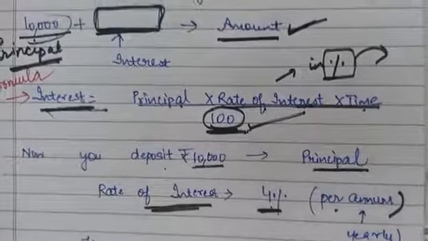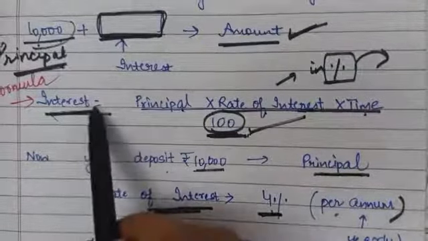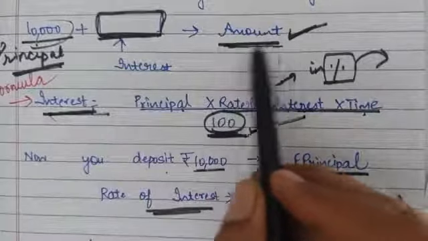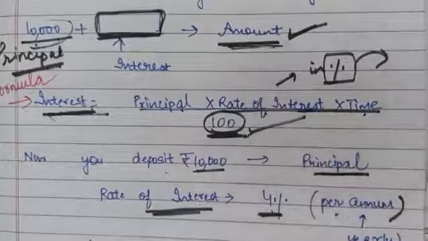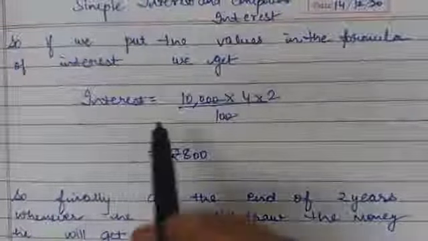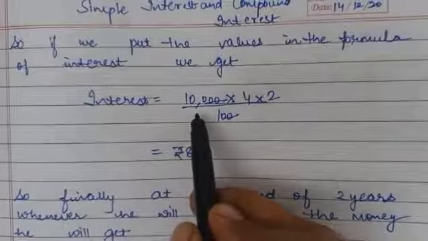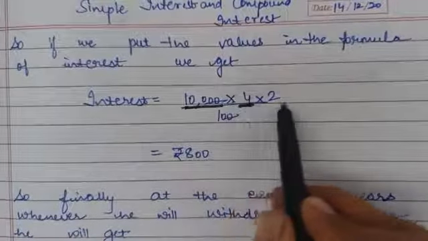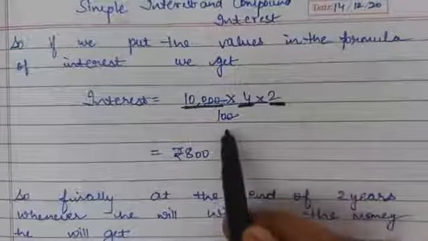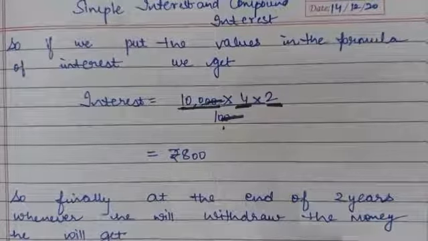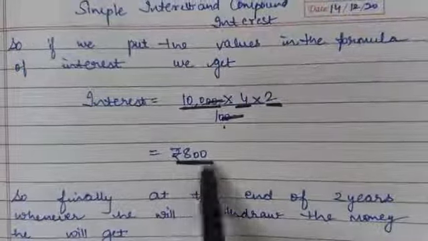And if we add interest in the principal, finally we will get an amount. Clear, children? So, we have put the values here. Principal multiply rate of interest multiply time upon 100. 2 zeros cancel out. So we get 800 rupees.